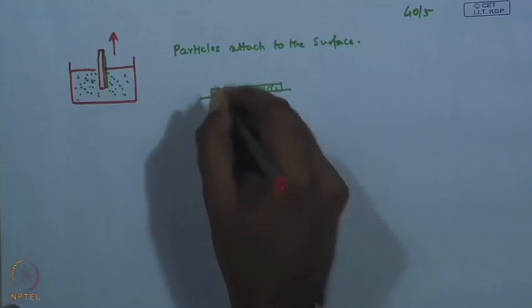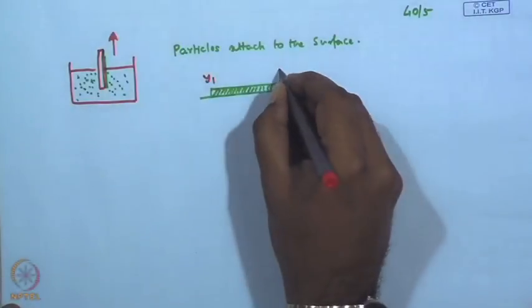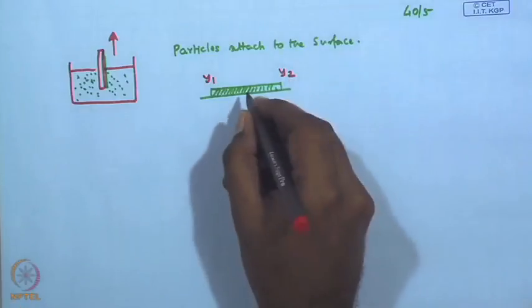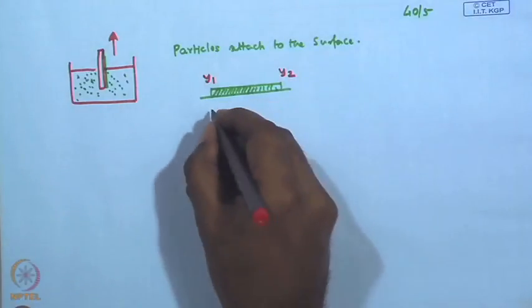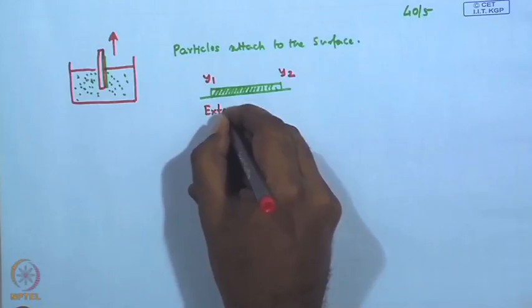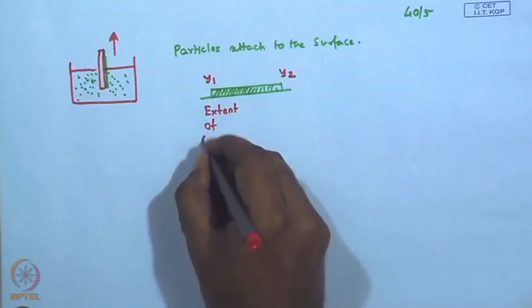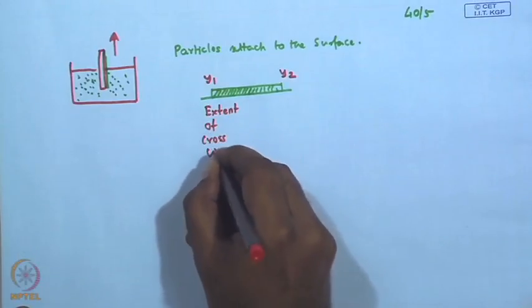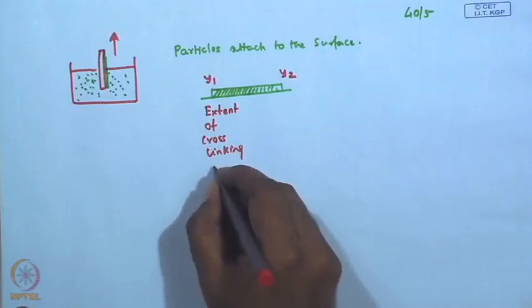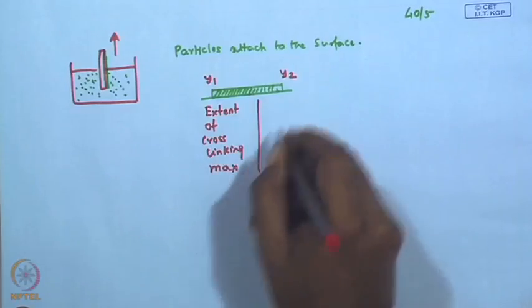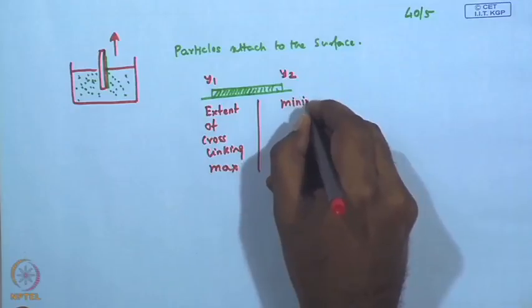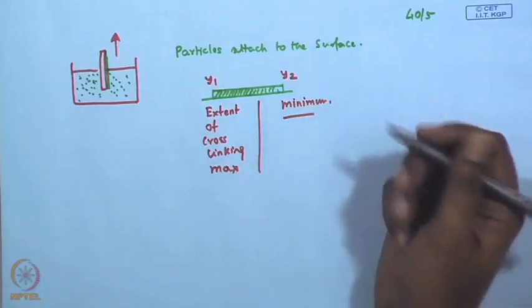Let us say at the y1 end, which was closest to the hot plate, and the y2 end, which was farthest from the hot plate, here the extent of cross linking was maximum. In contrast, here the extent of cross linking was minimum.